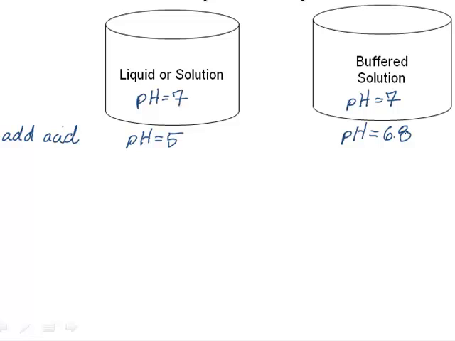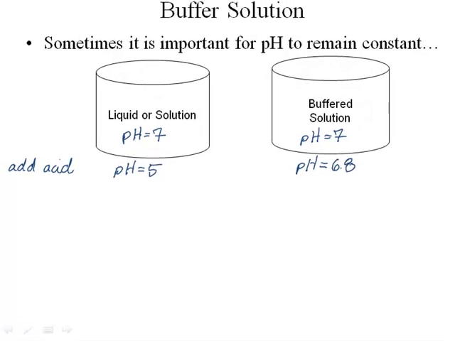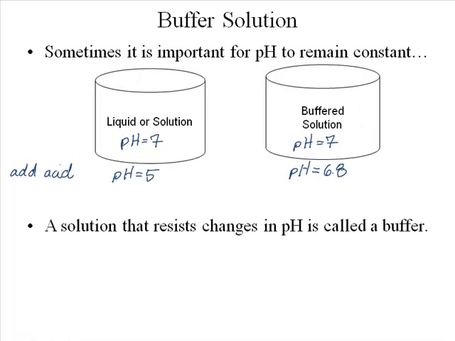Again, exactly how much it changed depends on a lot of different variables, but we know for sure that a buffered solution will resist changes in pH. It's not that it stays absolutely constant, but it's far less susceptible to the addition of acids or base.